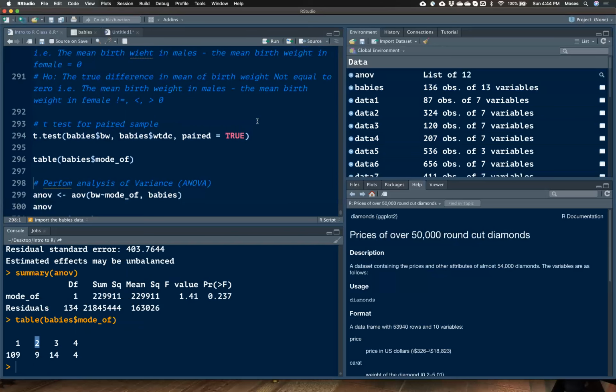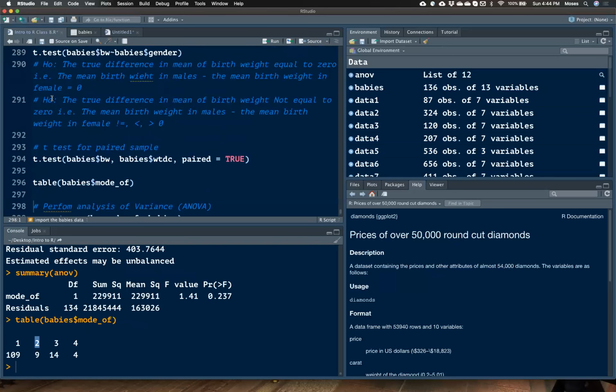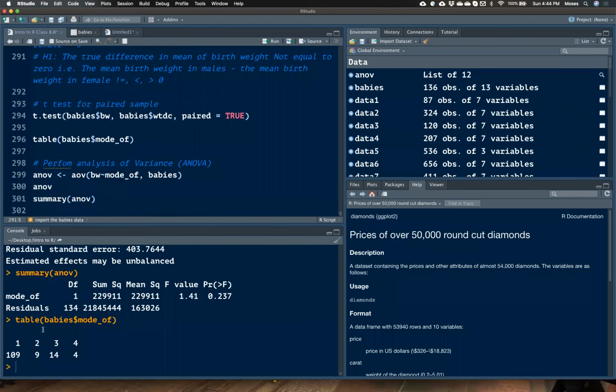And then in terms of the alternative hypothesis, it will say the mean birth weight is different in at least one of these. So it might be that the mean birth weight for this and this is equal, and the mean birth weight for this one is equal.